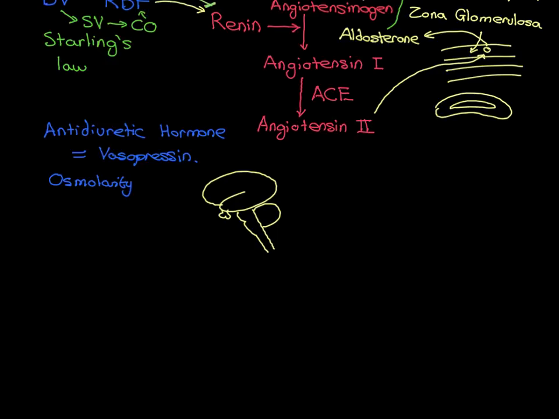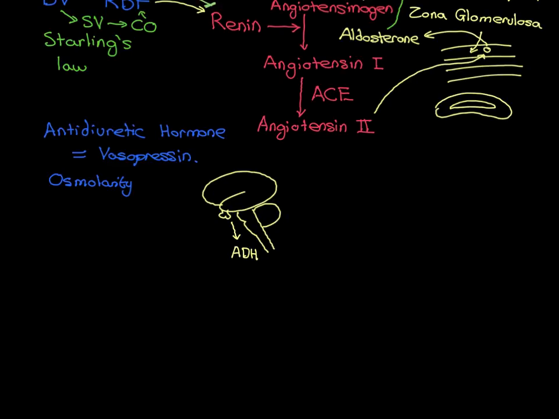It secretes thyroid-stimulating hormone, adrenocorticotropic hormone, and also prolactin. The posterior pituitary secretes antidiuretic hormone, vasopressin, and also oxytocin. So the posterior pituitary is going to be the important one to us. It's going to secrete antidiuretic hormone, ADH, into the bloodstream.